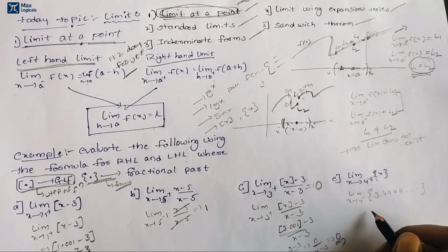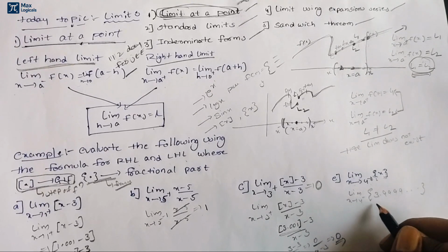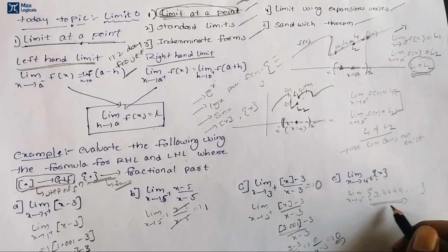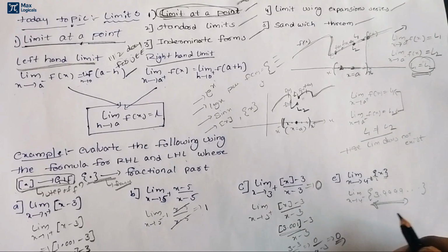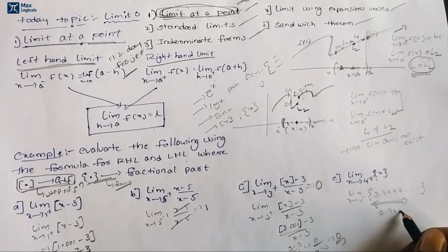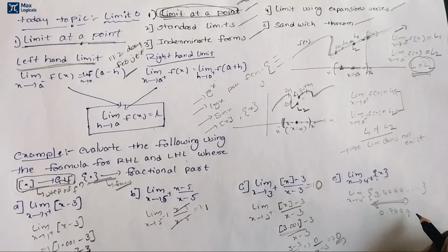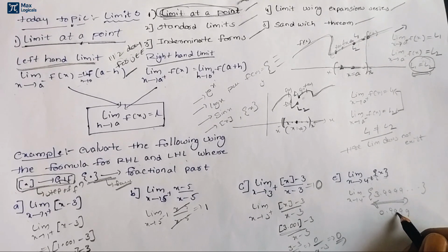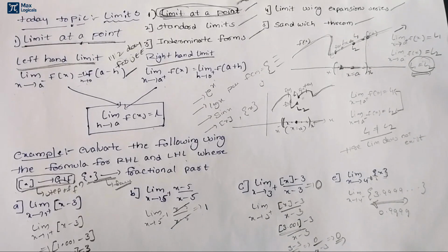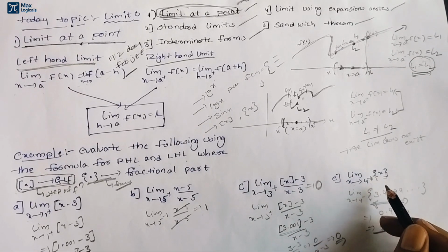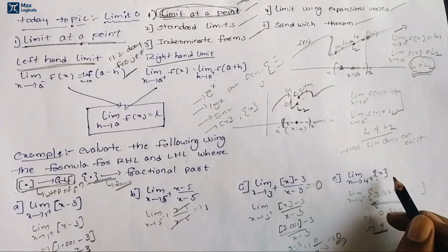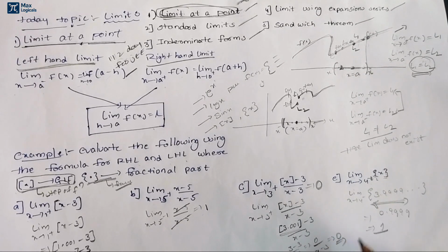And what is the fractional part of 3.999? It means 0.999. This 0.99 reaches to 1. Then the limit as x extends to 4 minus of the fractional part of x is 1.